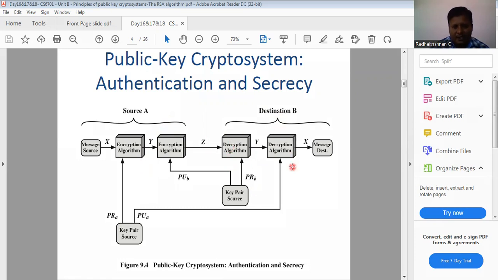After that, one more decryption is carried out with the public key of the sender. Finally you get the message digest of your original message.